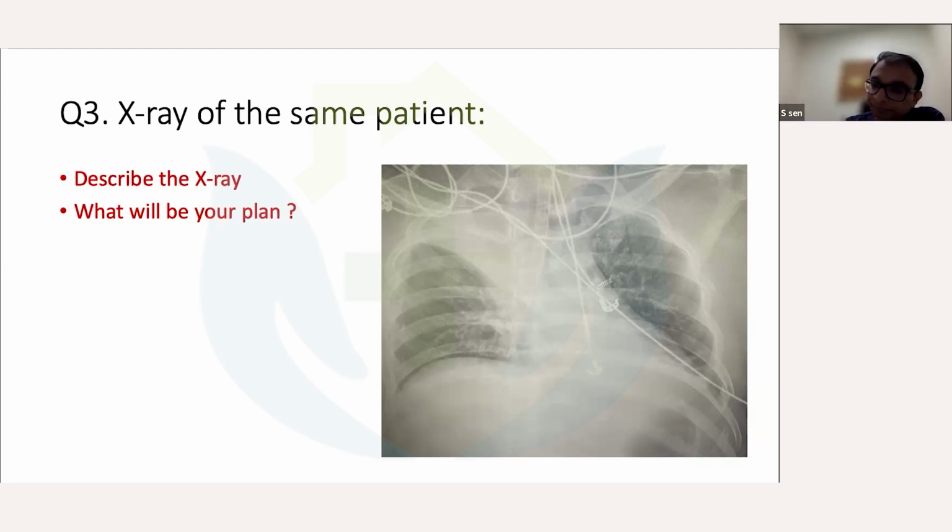My plan: I will go for lung ultrasound to see what this infiltration is, and maybe a chest tube also. The tube looks deep, like a selective lung intubation. I will pull out the tube a little bit.